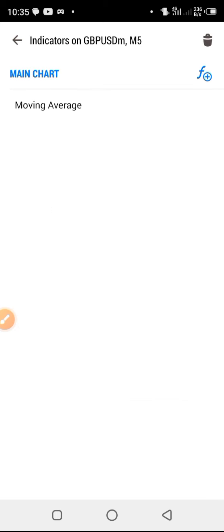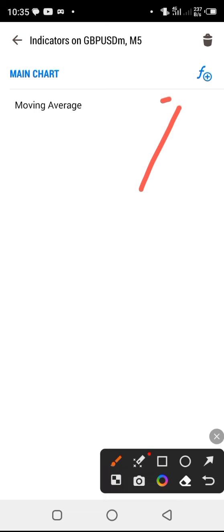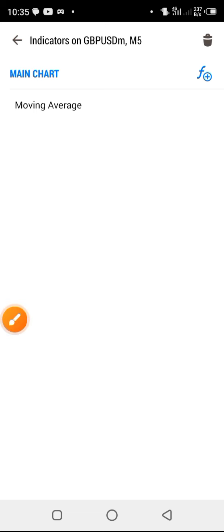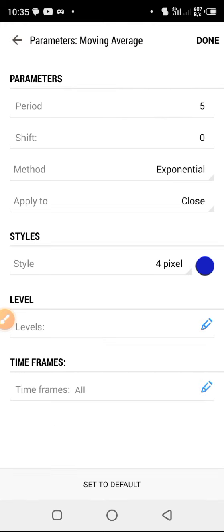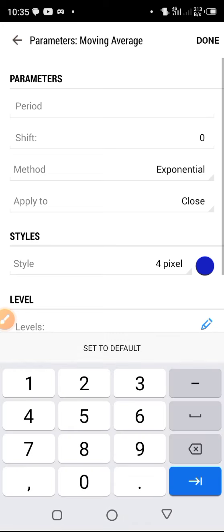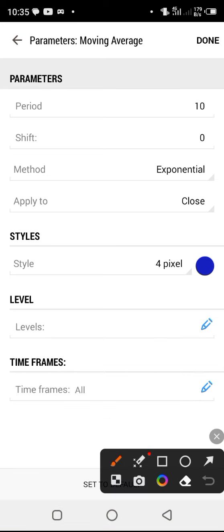So I'll add another moving average by clicking on this icon again, the same icon I clicked on before. So you need 2 moving averages. Moving average. This time around, instead of 5, you change this one to 10. Every other thing remains the same, just change it to 10. The other thing you have to change is this part.